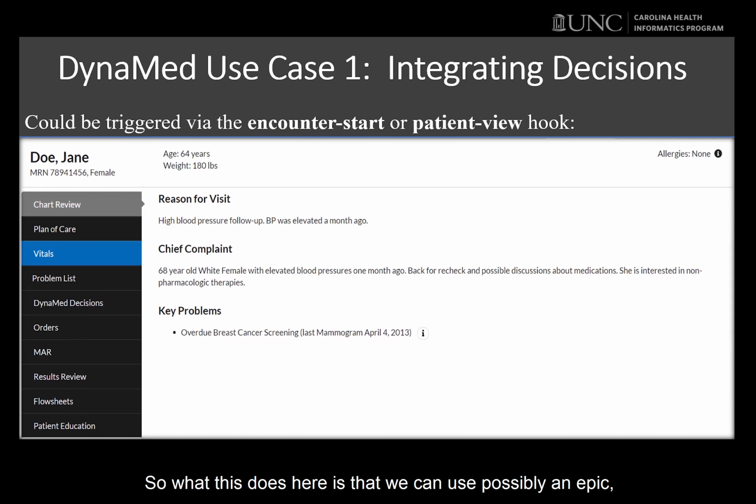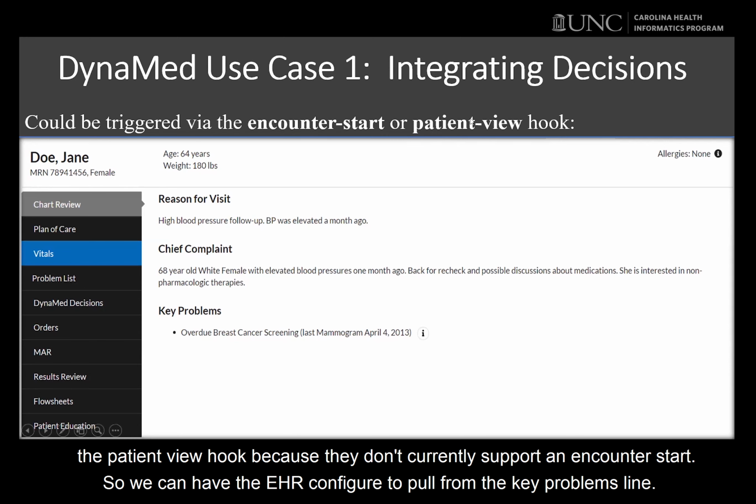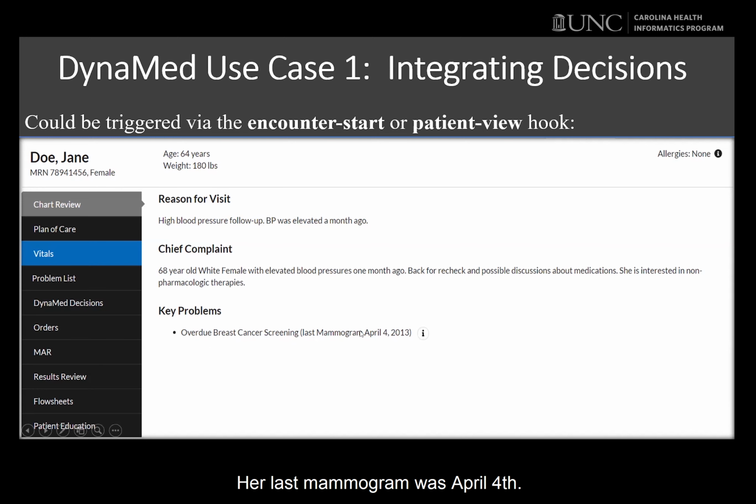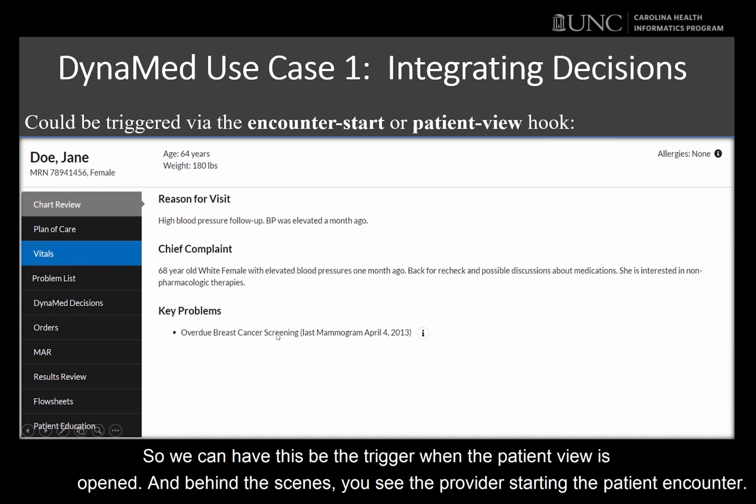What we can do here is possibly use, in Epic, the patient view hook, because they don't currently support encounter start. So we can have the EHR configured to pull from the key problems line. And you can see that this patient, Jane Doe, is overdue for breast cancer screening. Her last mammogram was April 4th. So we can have this be the trigger when the patient view is opened.